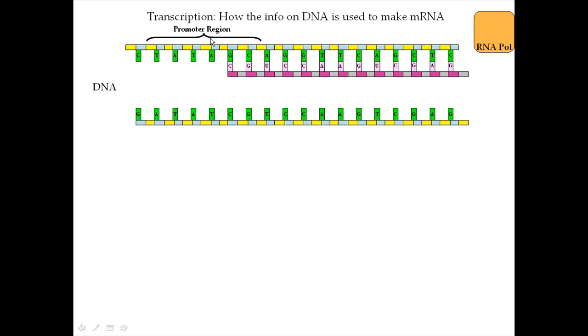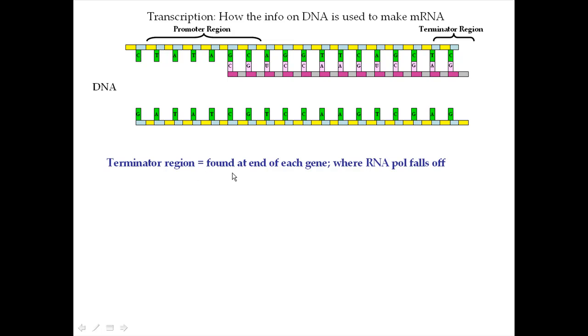So if the promoter tells the RNA polymerase where to begin transcription, the sequence at the end of the gene that signals RNA polymerase that this is the end of transcription is called the terminator region. In other words, the terminator is found at the end of the gene, and it tells the RNA polymerase where to fall off.